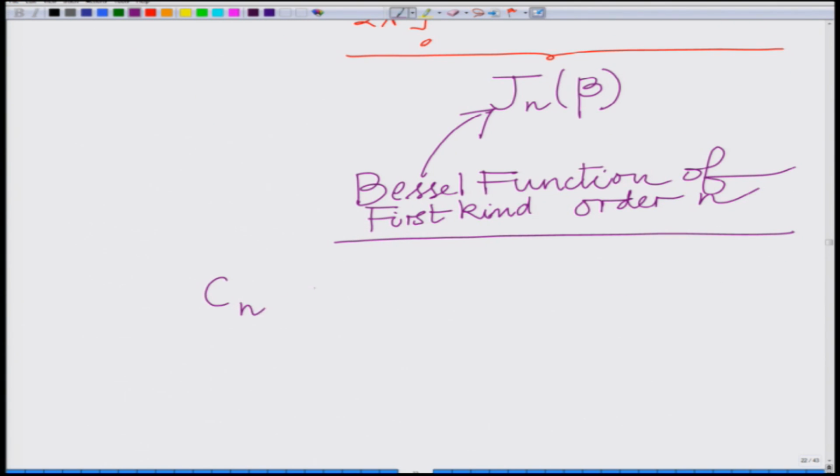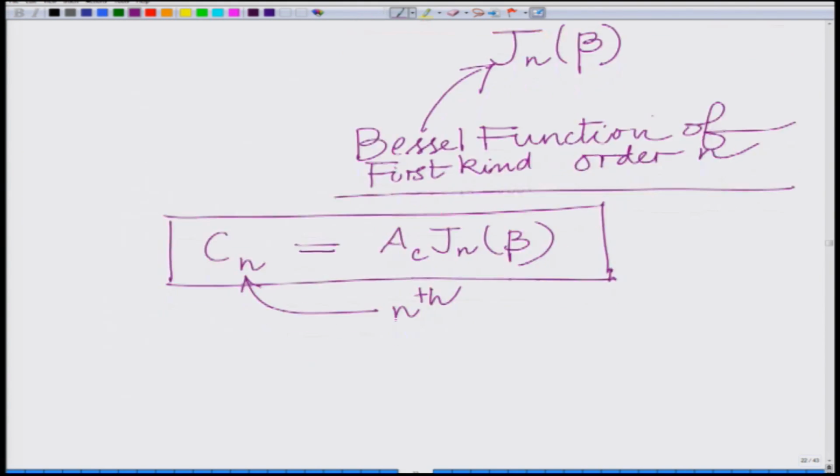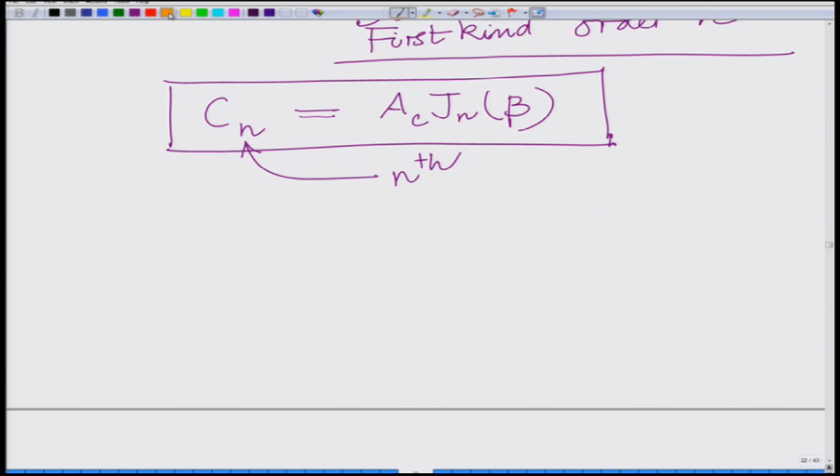Which means what we have shown is that your Cn equals Ac times Jn of beta. This is the nth coefficient in the discrete Fourier series, but not of the FM signal; it is the discrete Fourier series of the complex baseband equivalent signal of the passband signal.